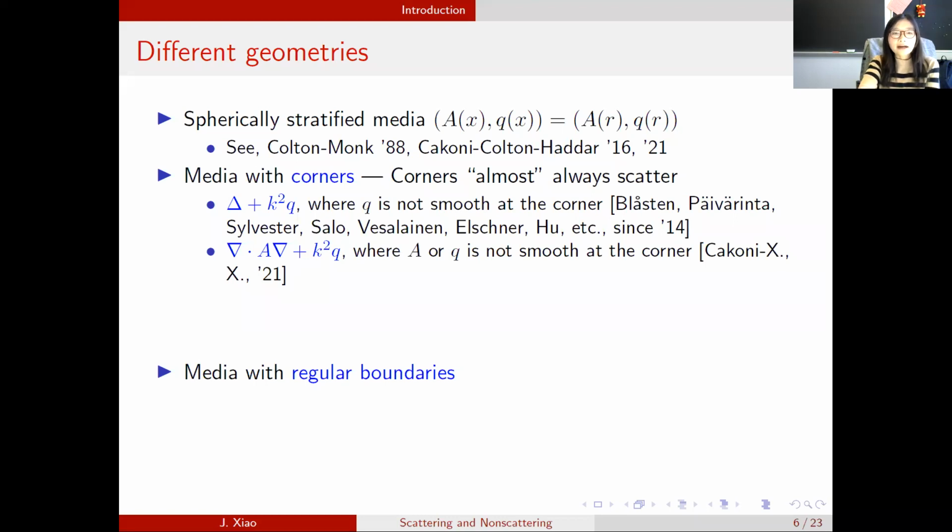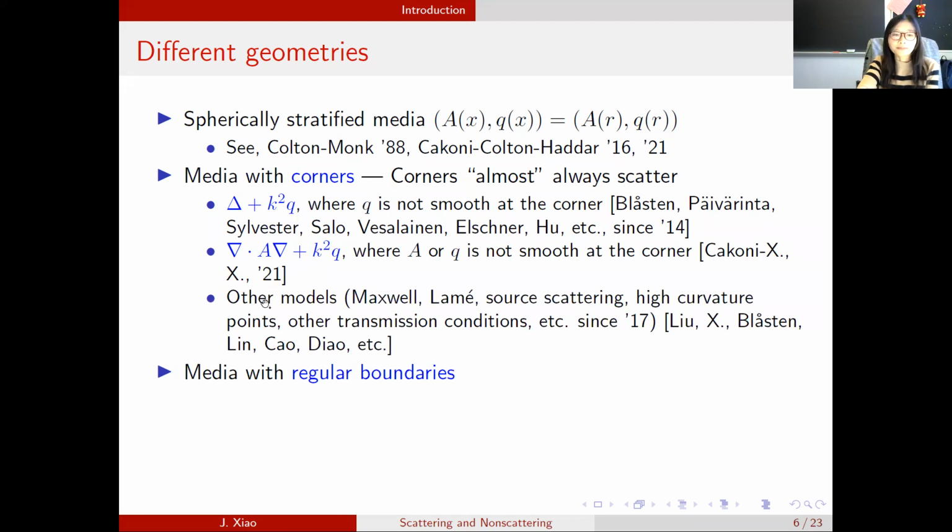Along this direction, there are also works for other models, say electromagnetic wave scattering, linearized elastic wave scattering, or when the scattering is due to a source, or when the media has high curvature points, or some other conditions. These are available since 2017.